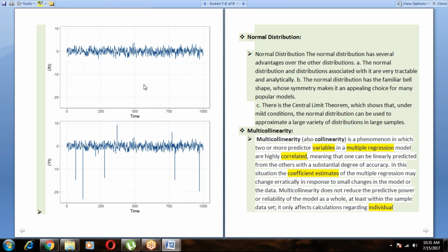So these are the main 4 assumptions for the linear regression model. If one of them is not satisfied, then we might say that the model we are developing can't be generalized. It means that the data set I'm using to develop the model is only valid for that data set.